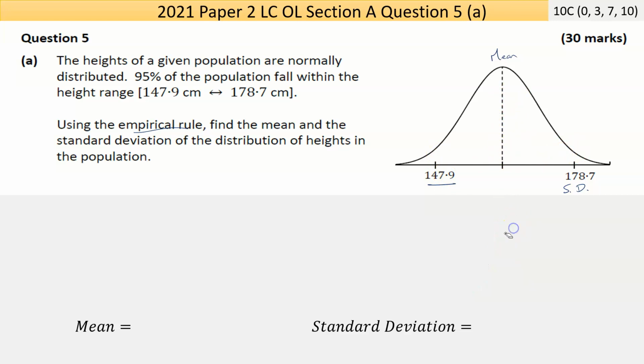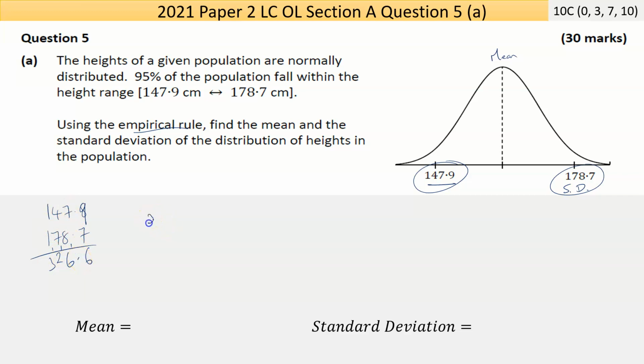Now, the first thing before we even use the empirical rule: the mean of this is the halfway point between these two pieces of data. So if I add 147.9 plus 178.7, that's 326.6, with one decimal place.